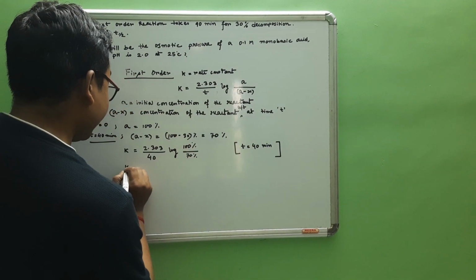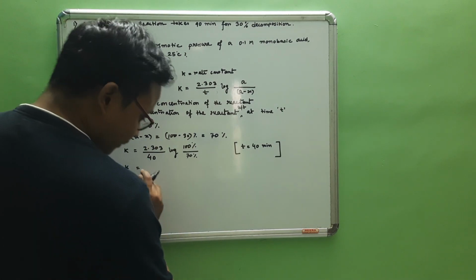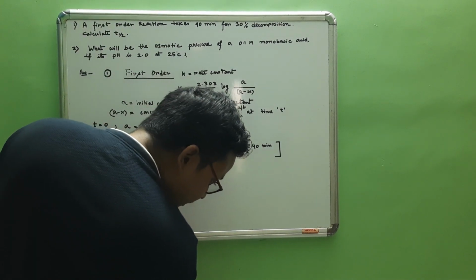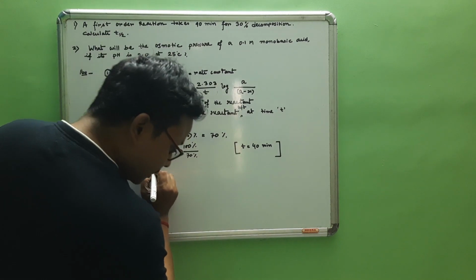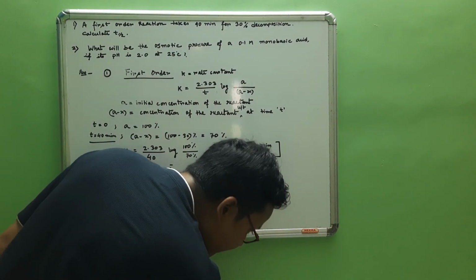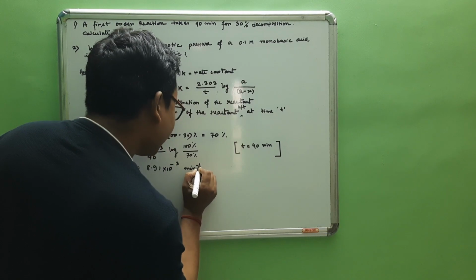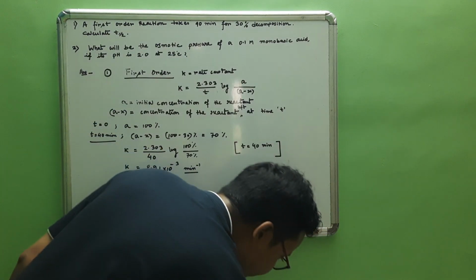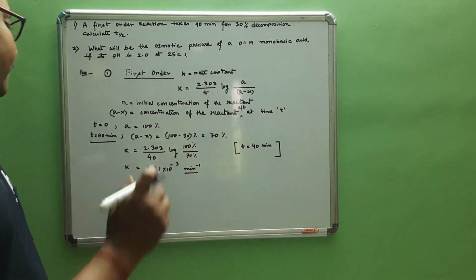So after calculating this, we get the value of K as 8.91 into 10 to the power minus 3 per minute. Okay, so this is the value of K.